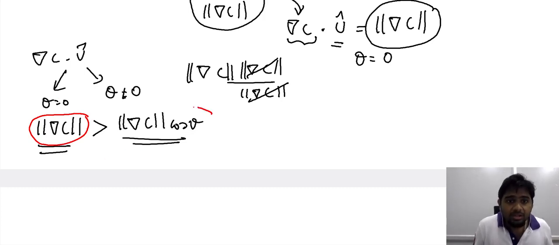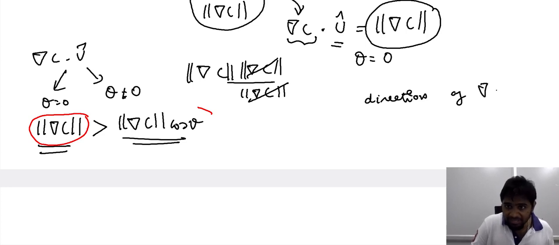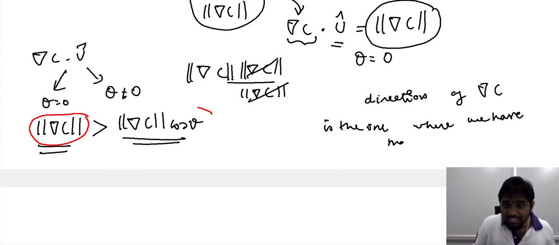So then the way we can describe the direction of the gradient vector C is that it is the one where we have the maximum magnitude.